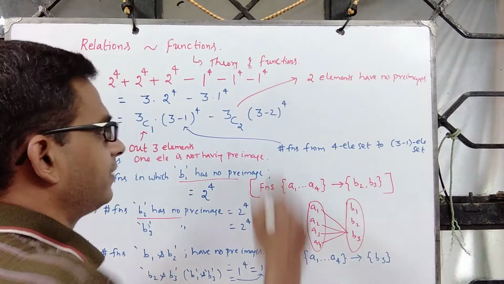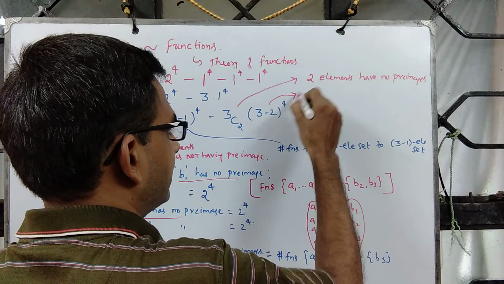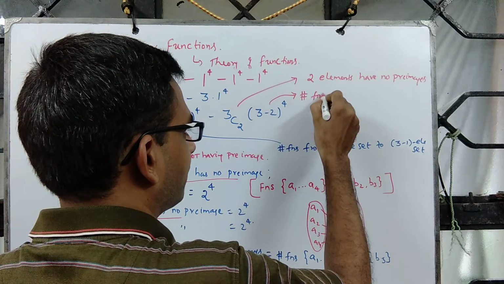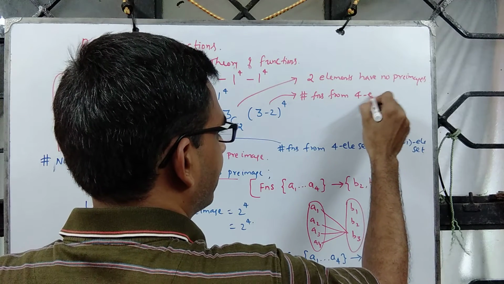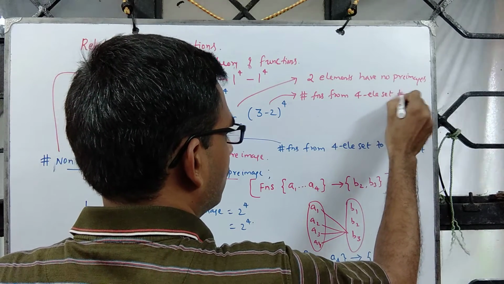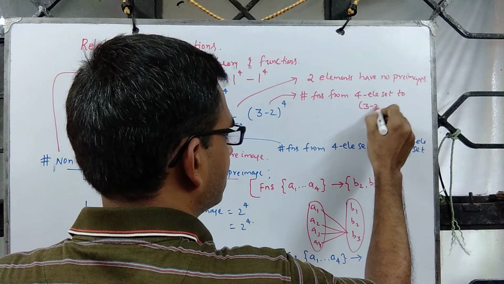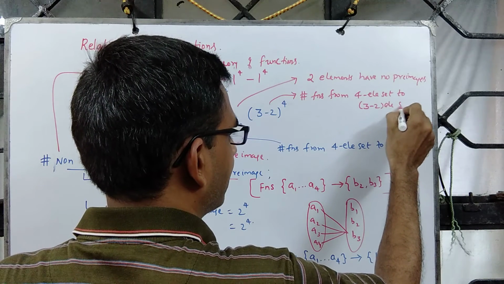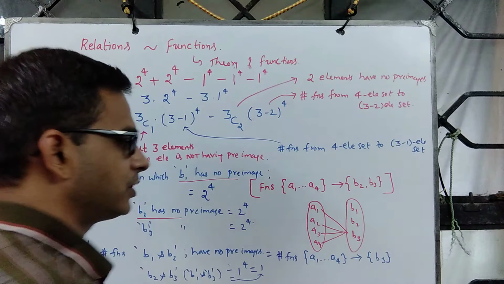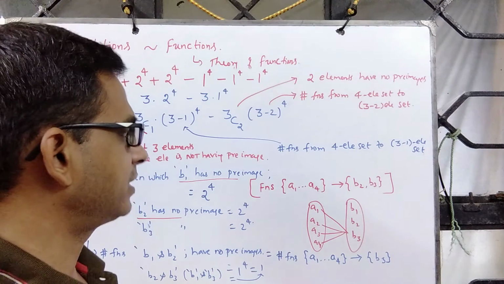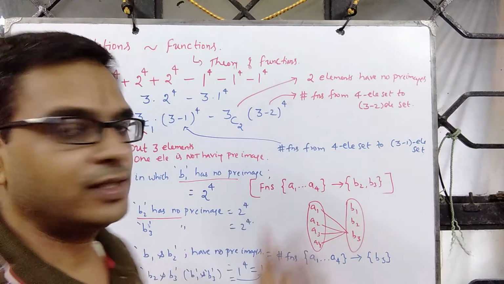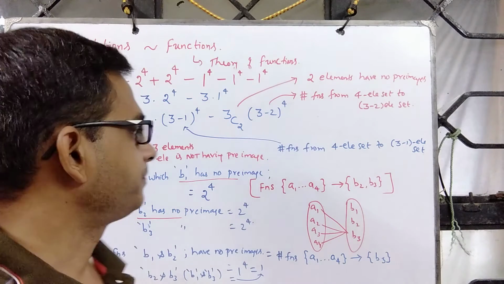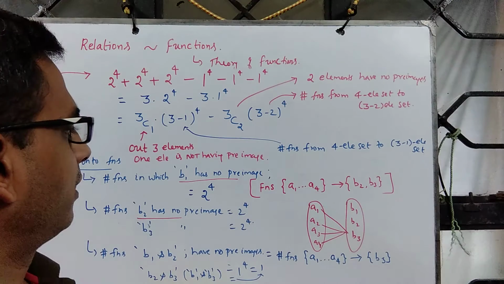And what is left is precisely this. This tells you the number of functions from a 4 element set to a 3 minus 2 element set. Because two of them are not having pre-images, you are left with only one element. To that set, this has to be mapped. Fine.